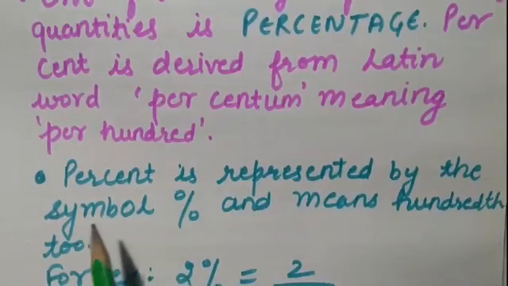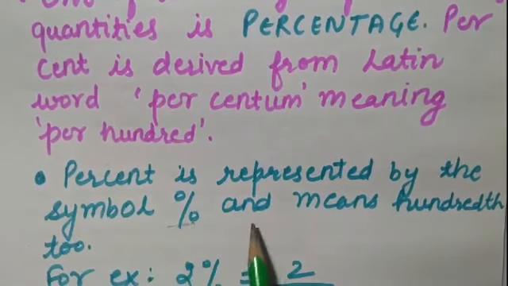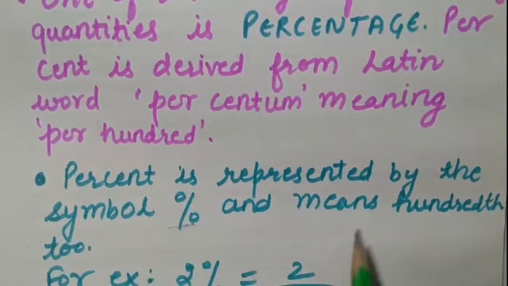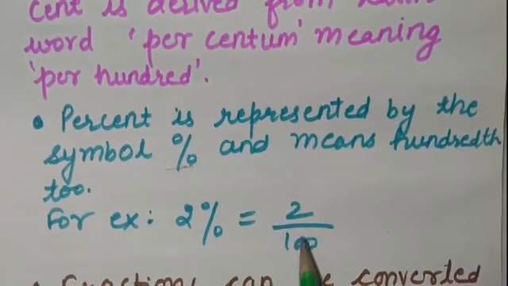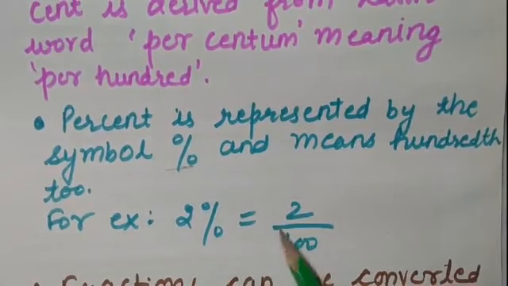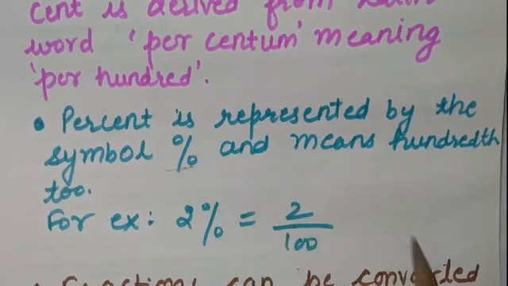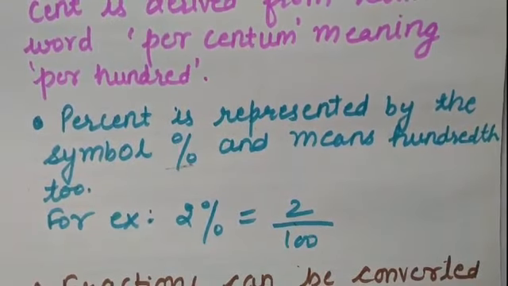Percentage is represented by this symbol, and it means 100th. Percentage means out of 100. For example, 2% means 2 over 100, we can say 2 parts out of 100. So percentage simply means out of 100.